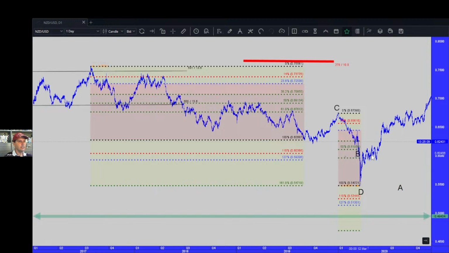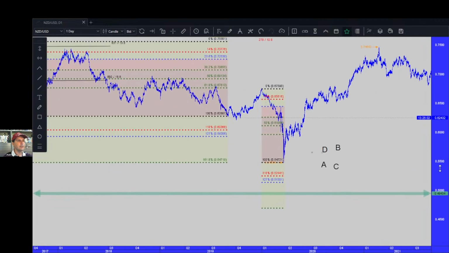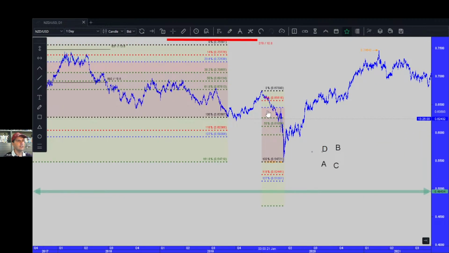Now, ABCD, what's the time? Alright. Now, because the market broke my Fibonacci, I'm going to delete this one, right? The market broke our Fibonacci, not valid anymore. So this is not valid anymore, right?